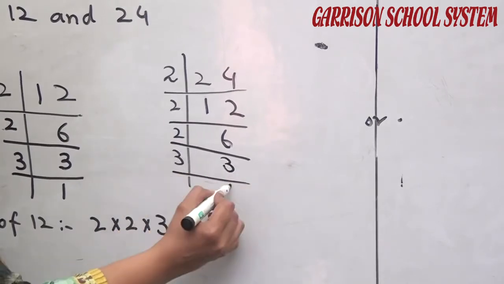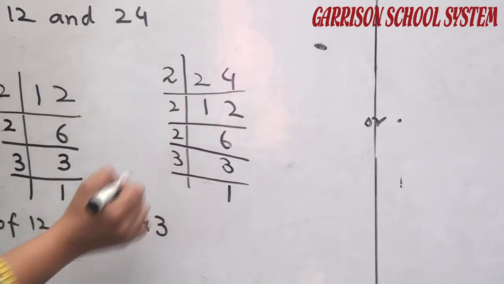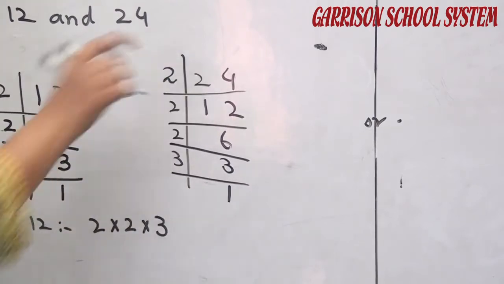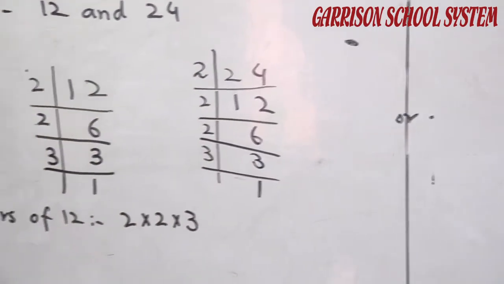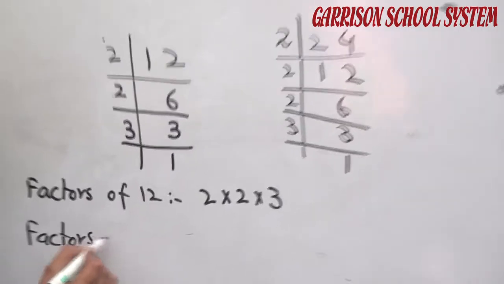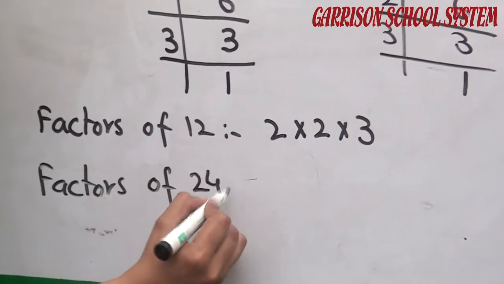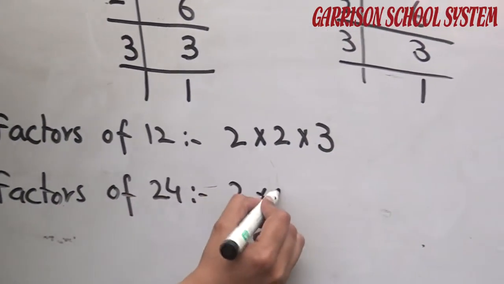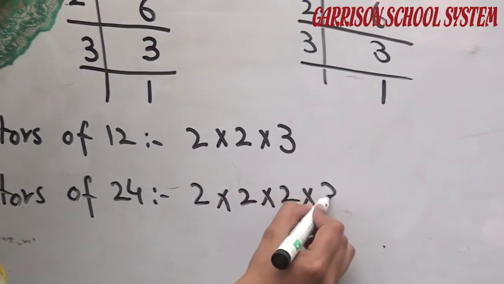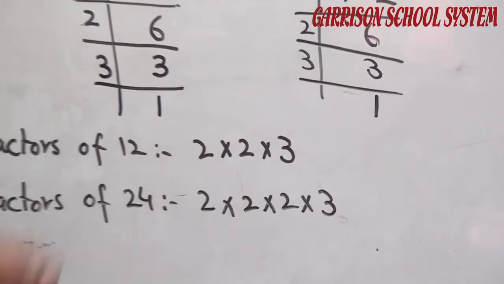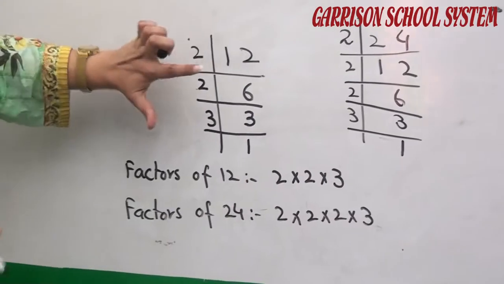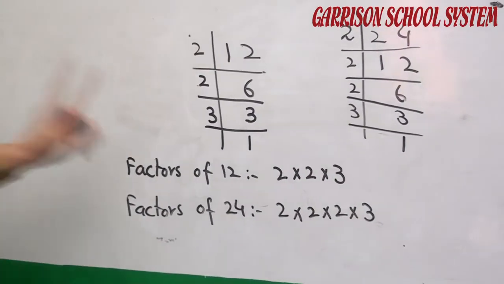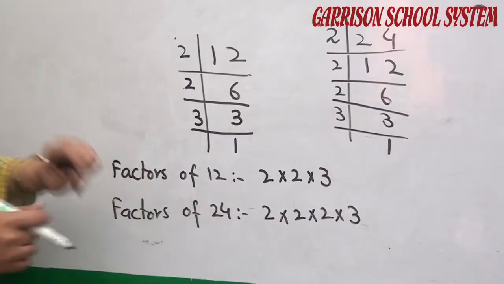Now 3: 3 ones are 3. So these are the factors of 24. We can write here factors of 24: 2 multiply 2 multiply 2 multiply 3. So students, we have found out the factors of 12 and the factors of 24.